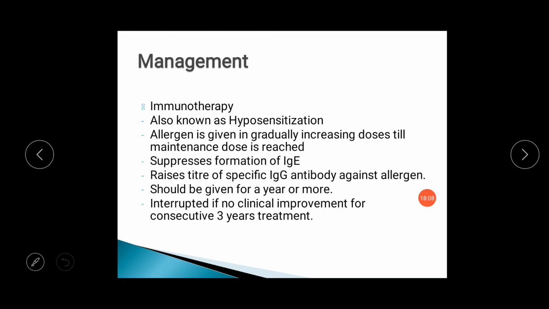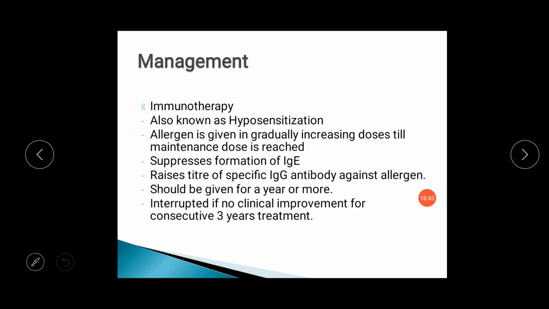So in immunotherapy or hyposensitization, the patient should be given allergen in his body as an intradermal injection or sublingual allergen, which are available in a rising titer manner. So we will give first 1 gram, then we will give 2 gram. If the patient develops an allergic reaction with 1 gram, then we will give a lower titer of allergen.